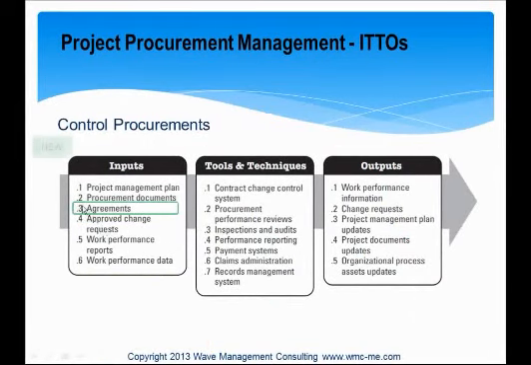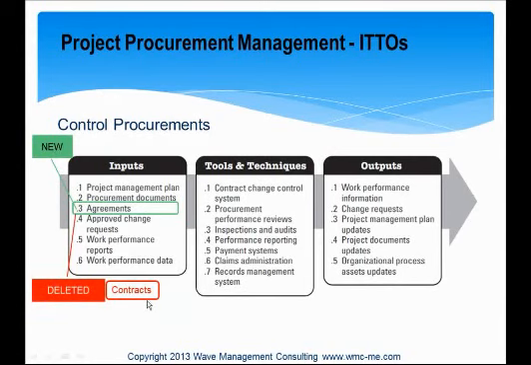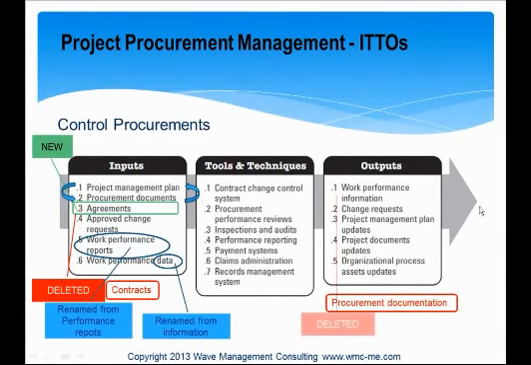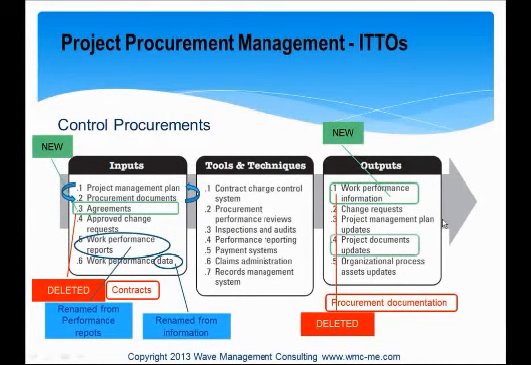Control procurements, they introduced a new input, which is agreements. Again, it replaced contracts. They renamed performance reports to work performance reports, as well as information was renamed to data, and they did some shuffling there. In the outputs list, they removed or deleted procurement documentation and replaced it with work performance information.